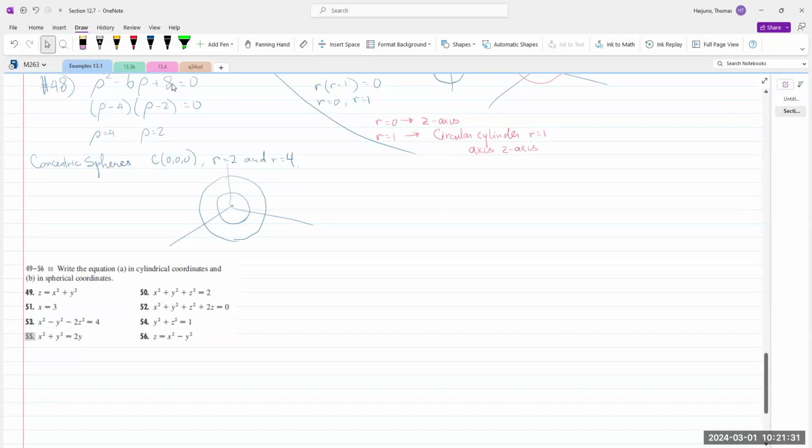Write the equation first in cylindrical coordinates and then in spherical coordinates. Number 49, part A, z equals x squared plus y squared. For part A, that's z equals r squared. I believe that's enough, right?